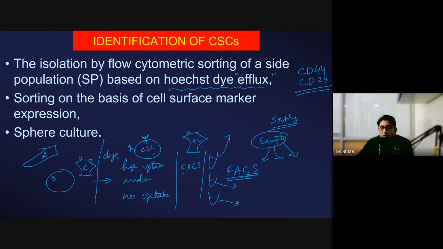Now, as we progressed, we started with experiments using the Hoechst dye, and now we know that several cell surface markers are being used. We will discuss that later on.